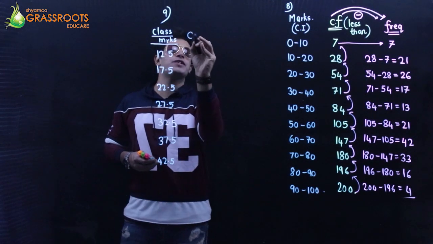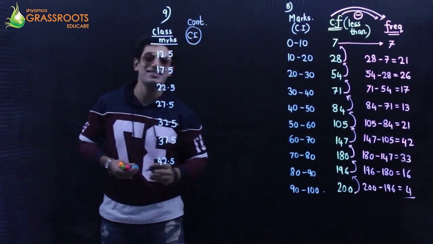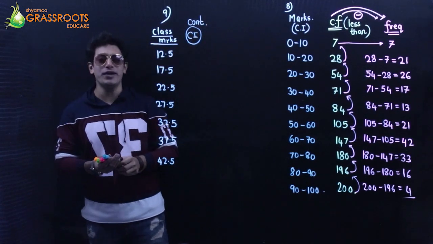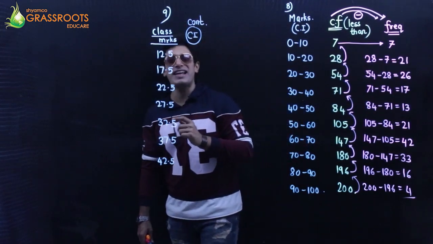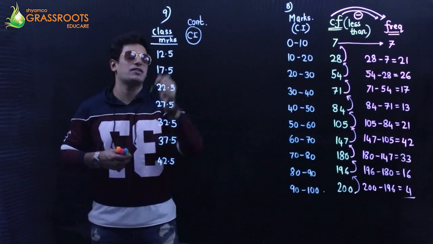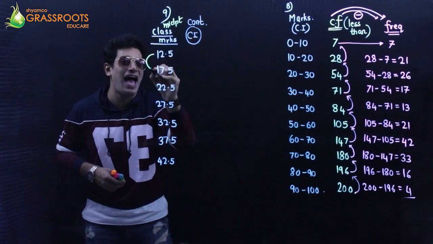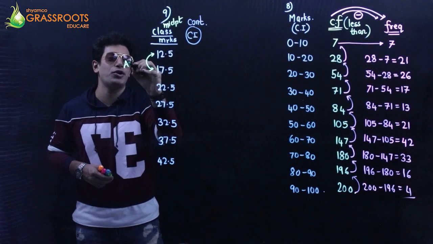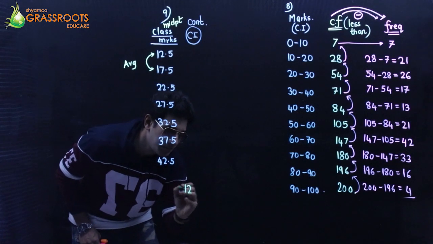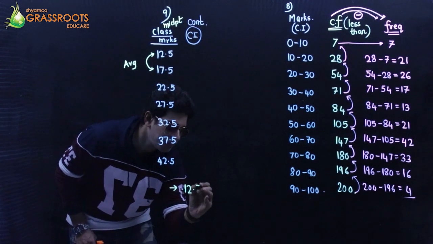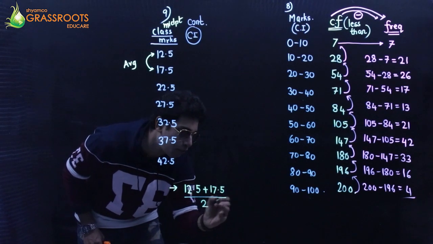The first thing you do is find the class interval, the continuous class interval. I have taught you this. We have done such a thing earlier. Whenever class marks, meaning the midpoint, are given, you take the average of them. Let's see that. 12.5 plus 17.5 upon 2.